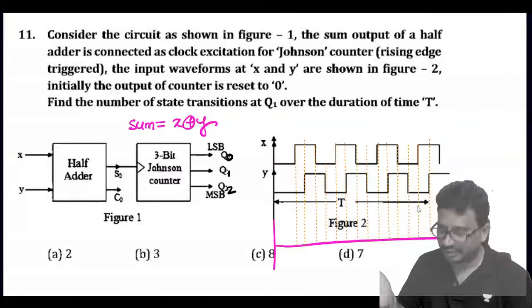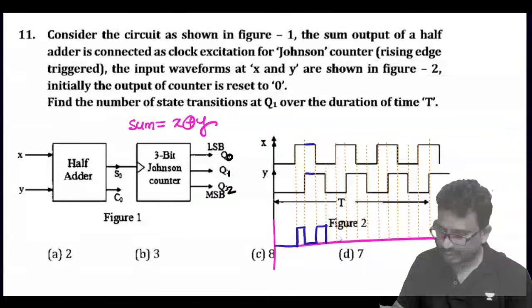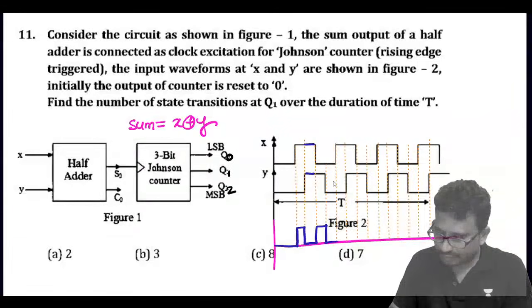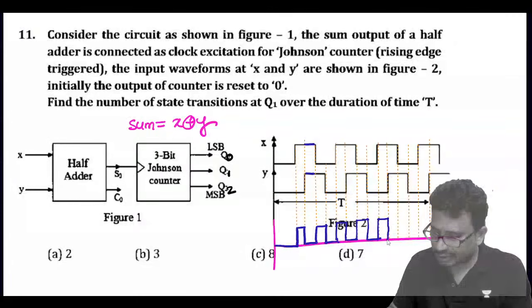Look here, up to here this value is 0 only, and in this interval the output is 1. In this interval both are 1, so the output is 0. Again in this interval it is 1. In this interval both are 0. Again in this interval it is 1, and it will go like this.